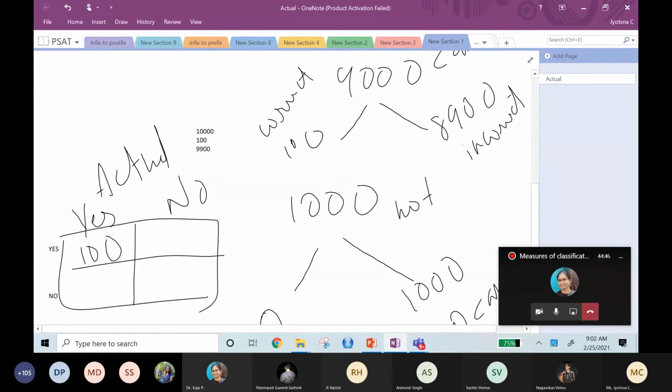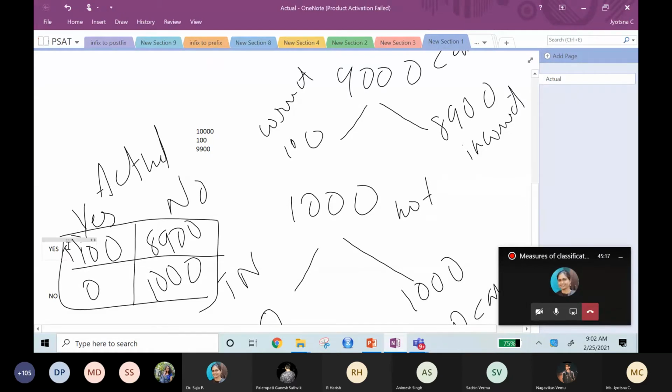And how many actually no and predicted as yes? 8,900, right? And actually how many have cancer and predicted as no? 0. And again, this is 1,000. So which is true positive? This is true positive, and this is true negative. And which is false positive and false negative?